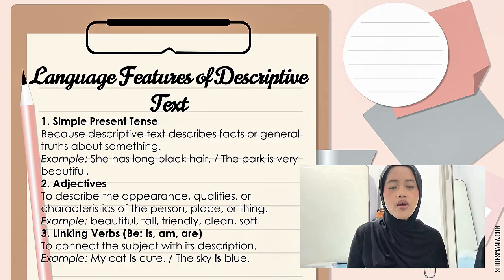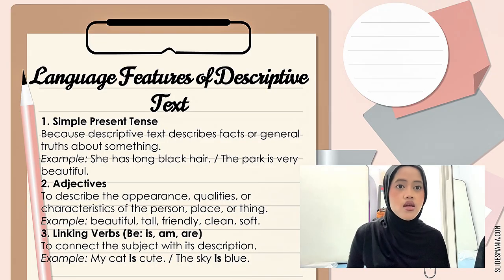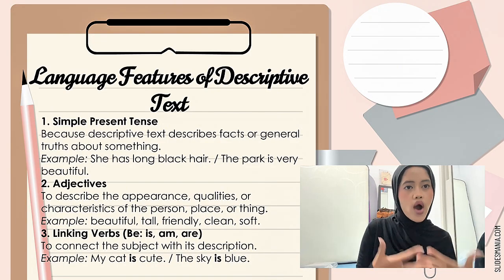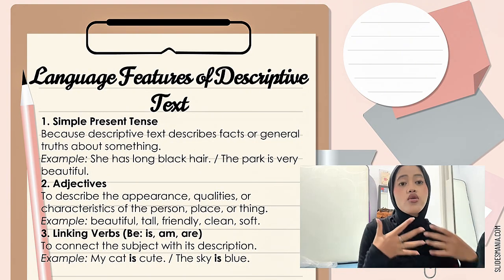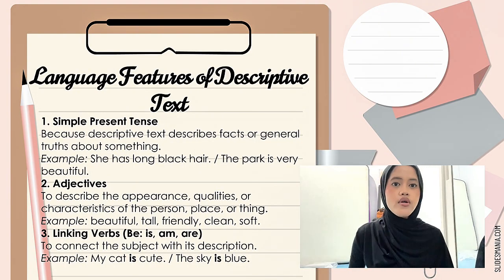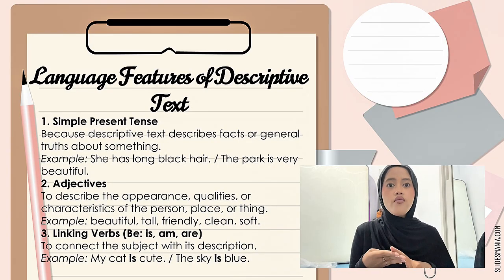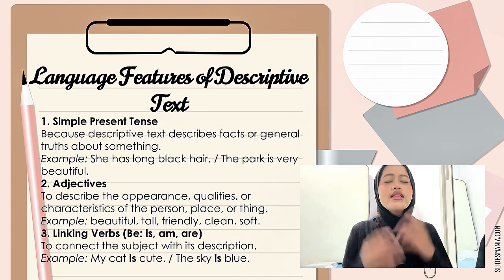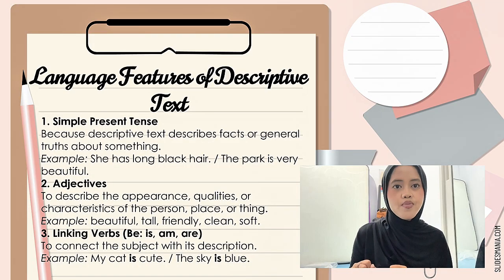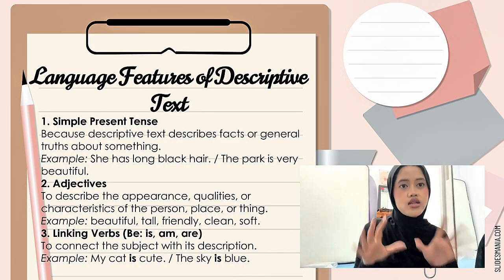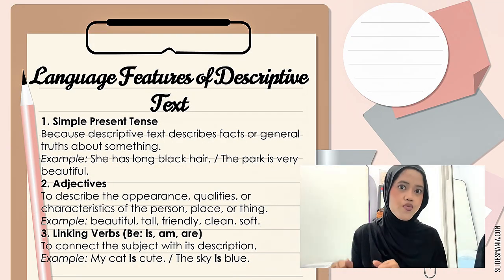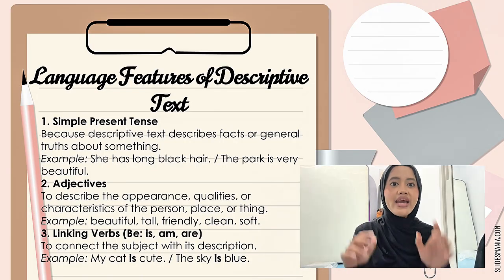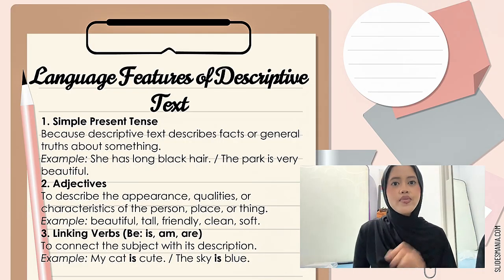Second, adjectives to describe appearance or maybe quality. For the example, beautiful, tall, friendly, soft. Third, we use linking verbs is, are to connect the subject with their description. For the example, my cat is cute.